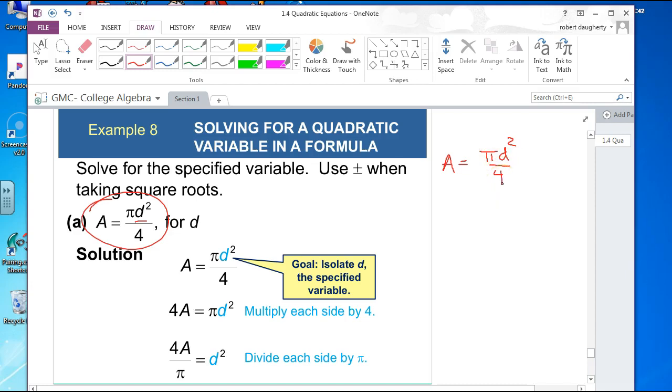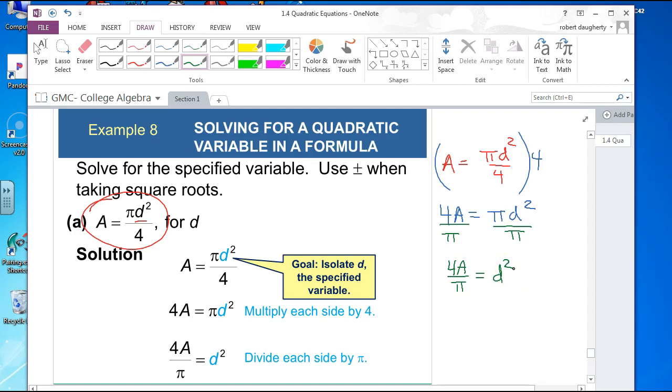In order to get everything by itself, the first thing I could do is multiply everything in this equation by 4. And you get 4a is equal to pi d squared. Now in order to get the d by itself, I could divide everything by pi. So I get 4a over pi equal d squared.